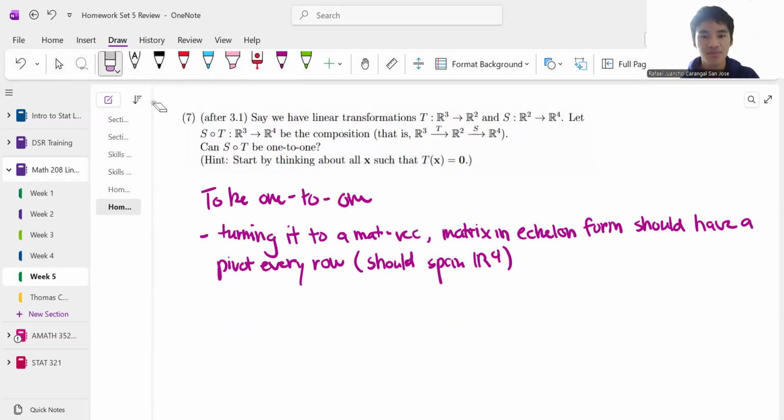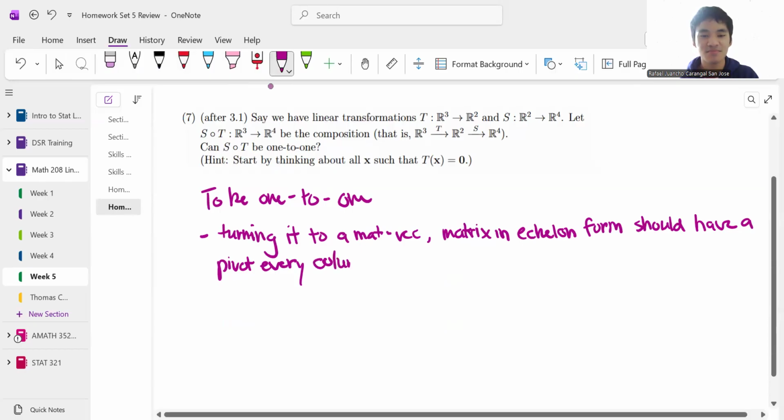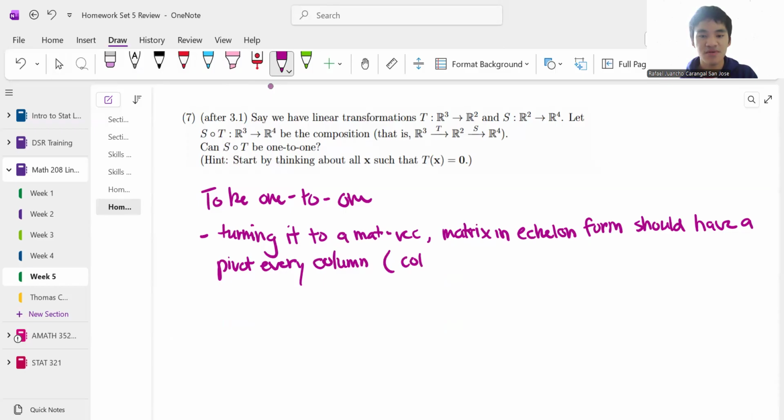Oh, shoot. No. My bad. I was talking about onto. I mean every column. So column vectors. We're not talking about the vectors.